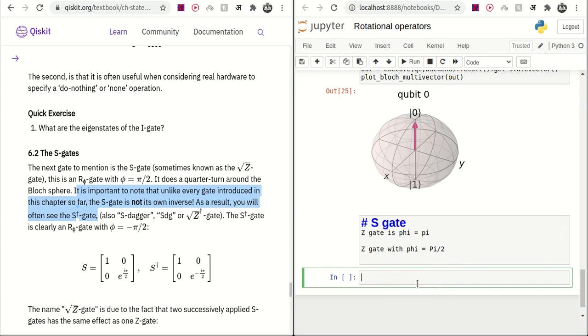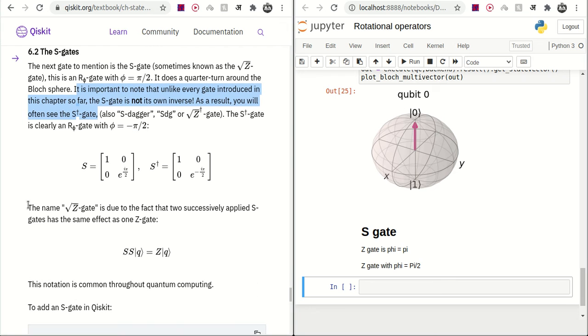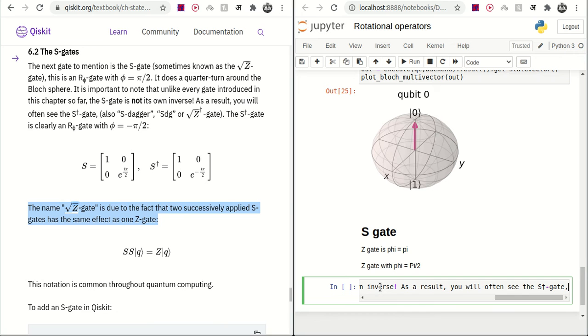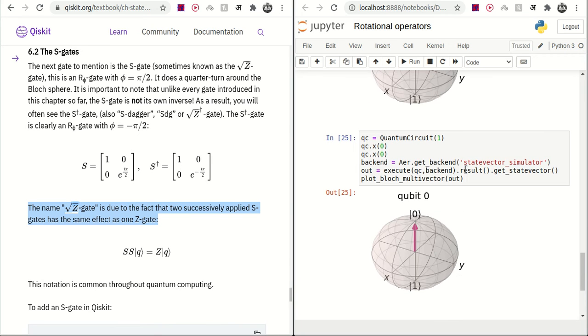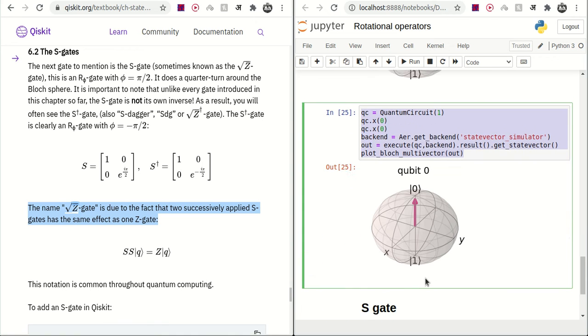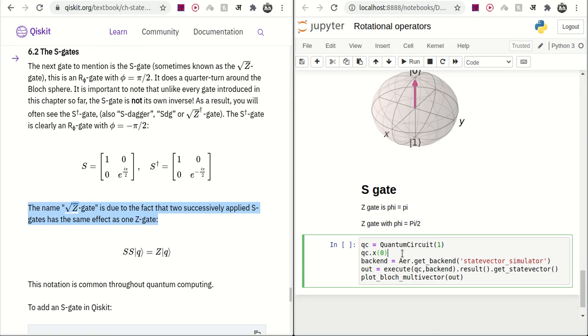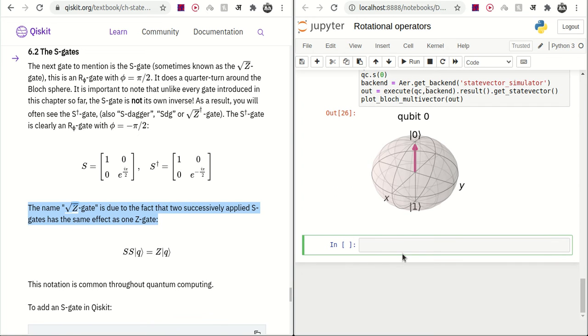Okay, so now we study the S gate. The name is due to the fact that two successively applied S gates have the same effect as one Z gate. So we'll do the same with control Z. We declare this, apply 0 and see what happens.